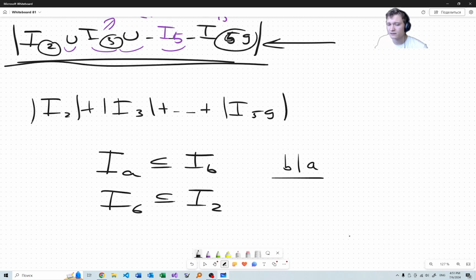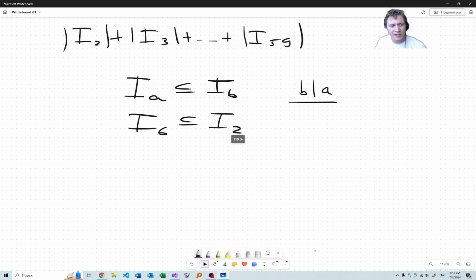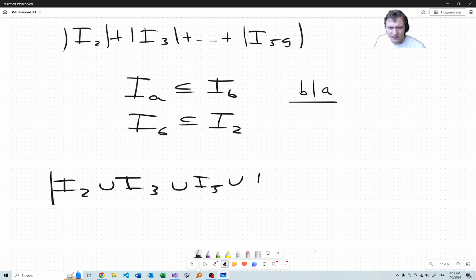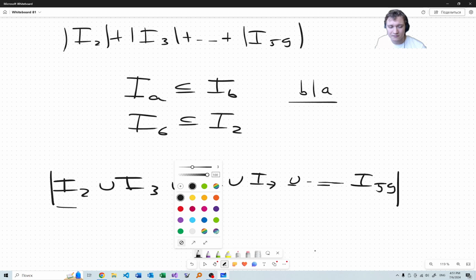So let's ignore all composite indices. Now we have this problem: I2, I3, I5, I7, etc., I59. Still, unfortunately, these sets can intersect.